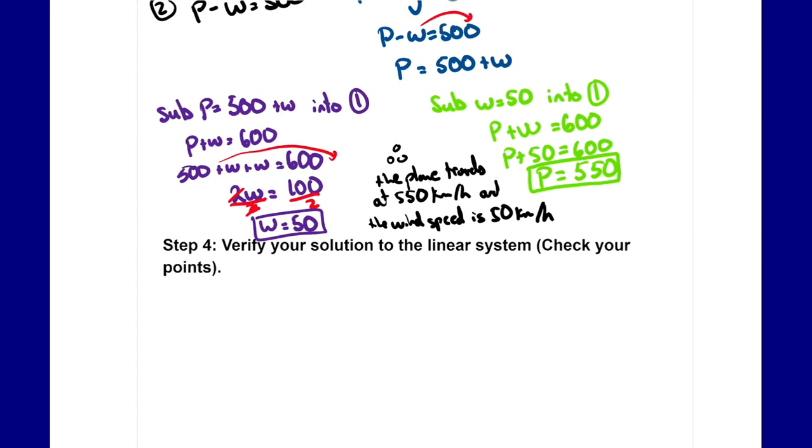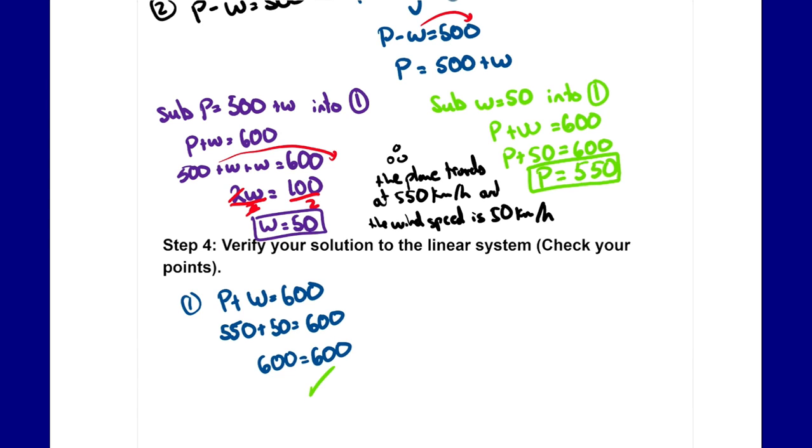Let's just double check our answer. So we're going to take equation 1, P plus W equals 600. So we have 550 plus 50 equals 600. 600 is equal to 600. That checks off.